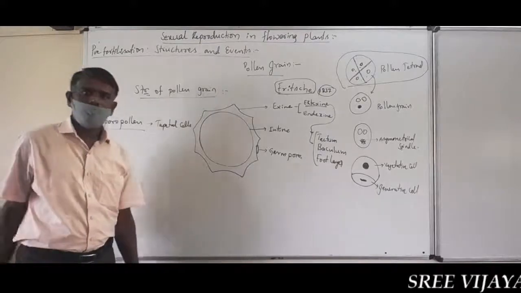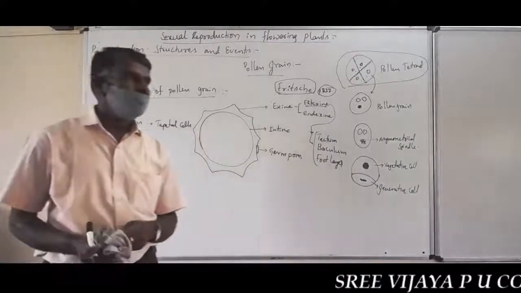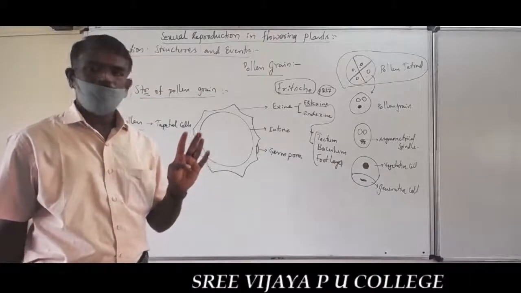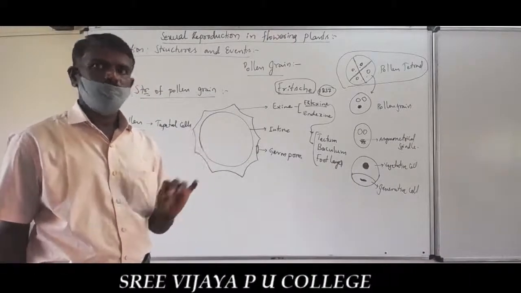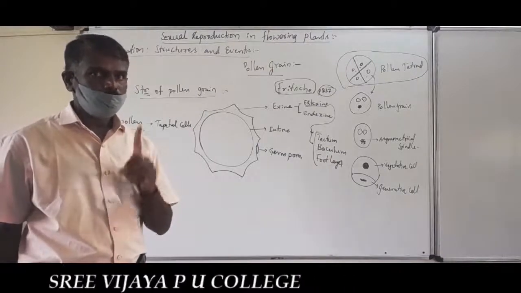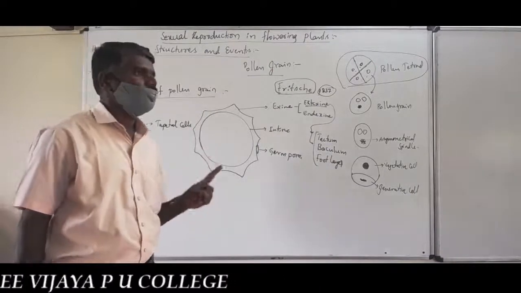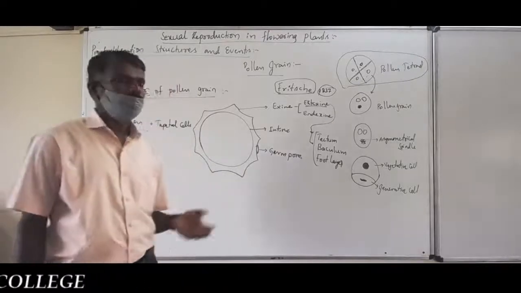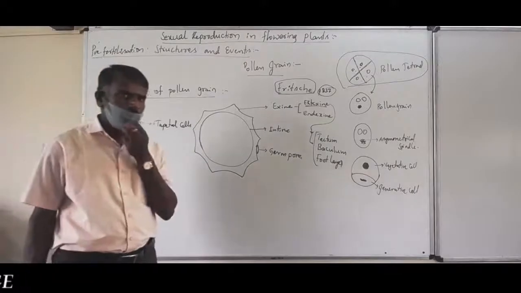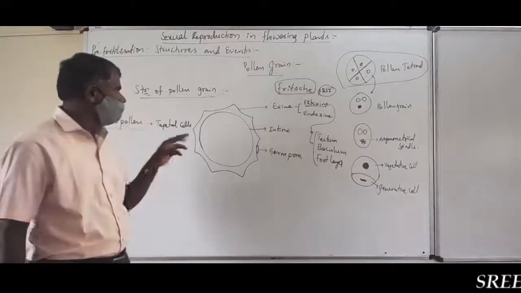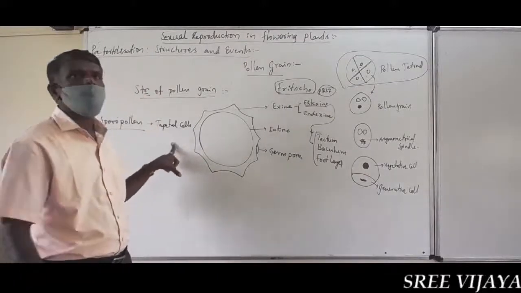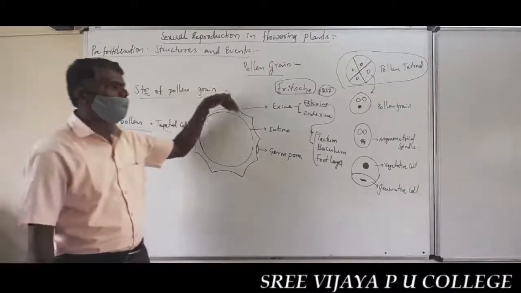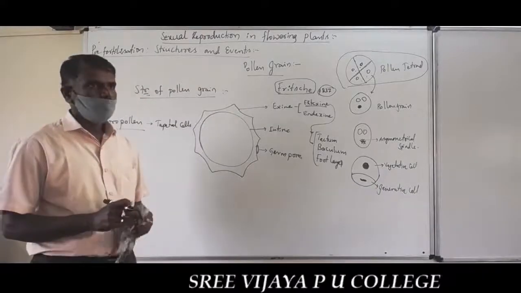The anther is covered with four wall layers: epidermis, endothecium, middle layers, and tapetum. The cells of the tapetum have a nourishing function and supply food for the developing pollen grains. At the time of nourishment, the tapetal cells provide the contents of sporopollenin, which are present on the exine.